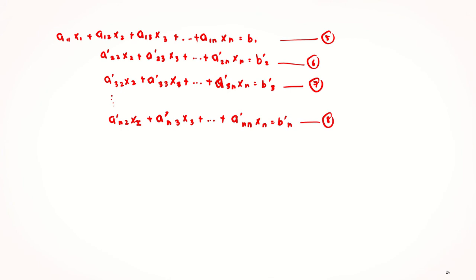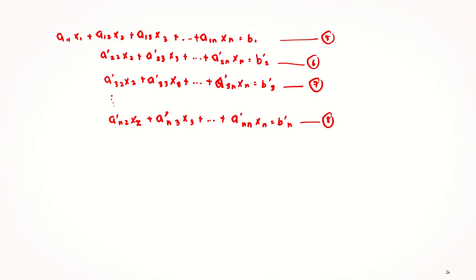So if you refer back to the original set of equations, you will see that equation 1 is actually the pivot equation. The pivot equation is where we are going to base our calculation or procedures, and A11, the first element in equation 1, is called the pivot element.